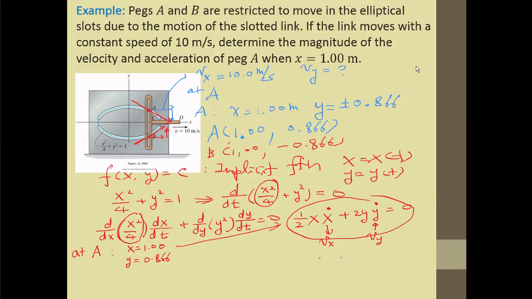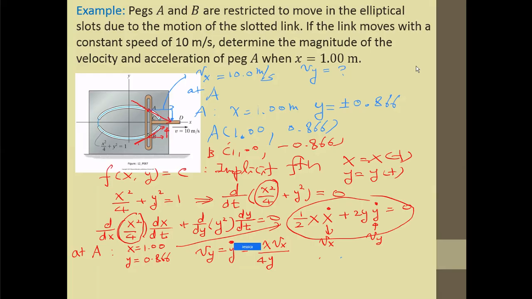We rearrange this equation and solve for the velocity y component. That is negative x times x dot, which is v sub x, divided by 4 times y. We multiply 2 on both sides, rearrange, isolate, and then solve for v sub y.